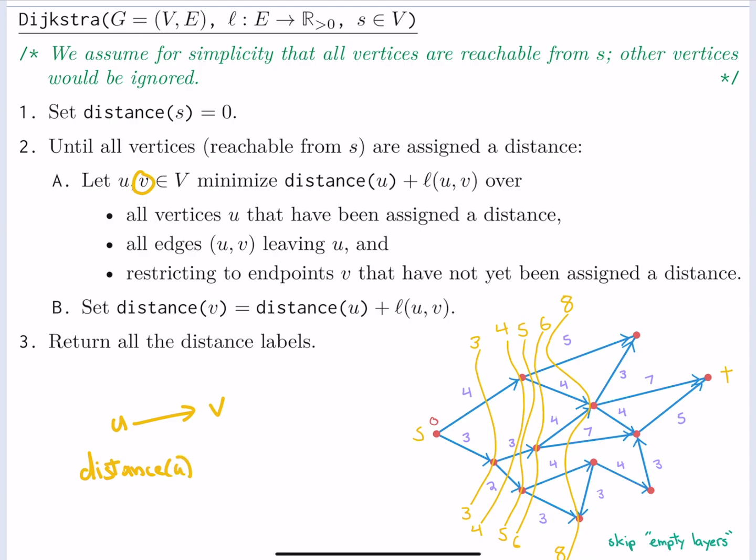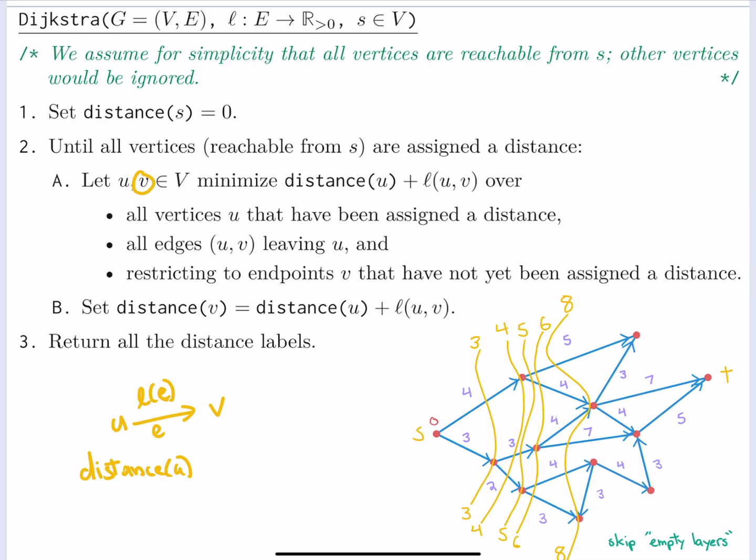And I'm looking at the distance U plus the length of this edge, if this edge was E. Okay, and that estimates some distance to V. So out of the unlabeled vertices V that have some incoming neighbor that's already labeled, I want to minimize the distance of U plus the length of that extra edge to get to V. Okay, that's what the 3 points are meant to describe.